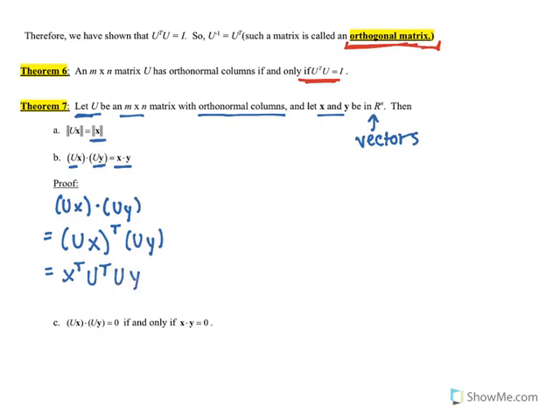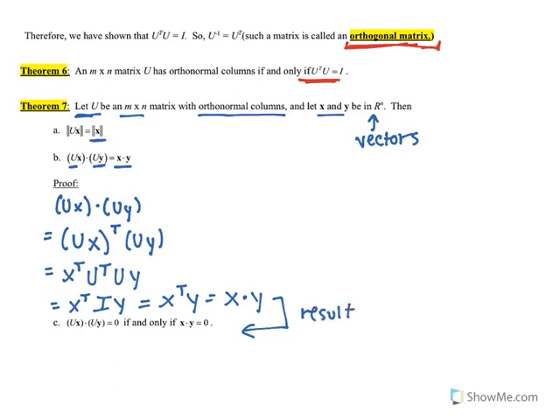But since this has orthonormal columns, we proved that the middle is the identity. This is x transpose times the identity times y. So this will really be x transpose times y, which again, wrapping back around, is the definition of the dot product in linear algebra. Ta-da!